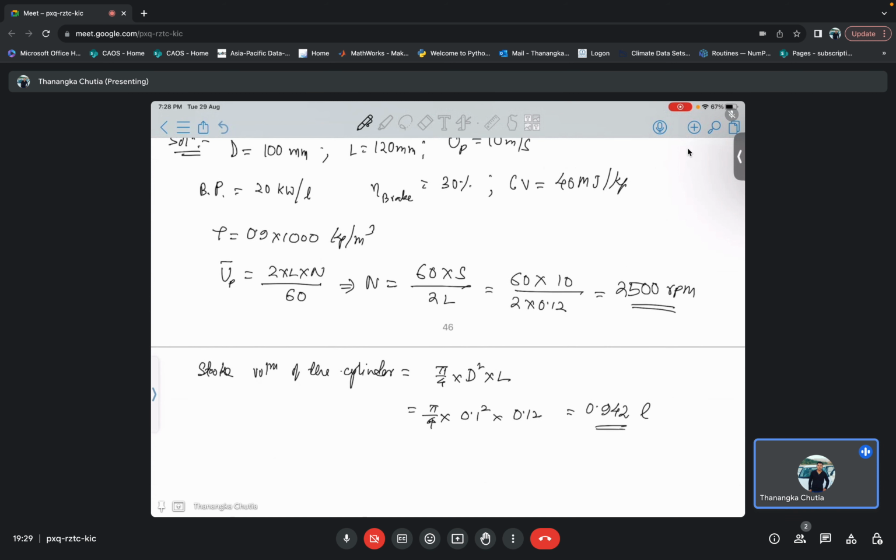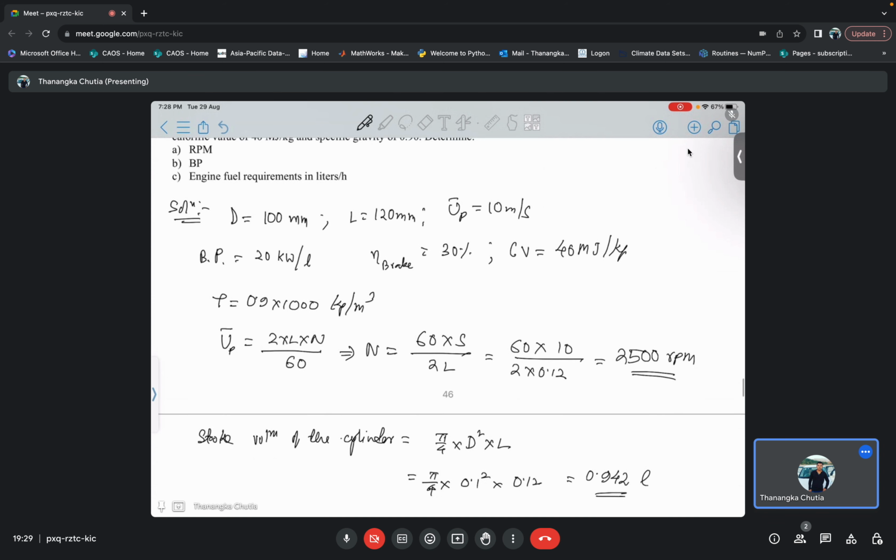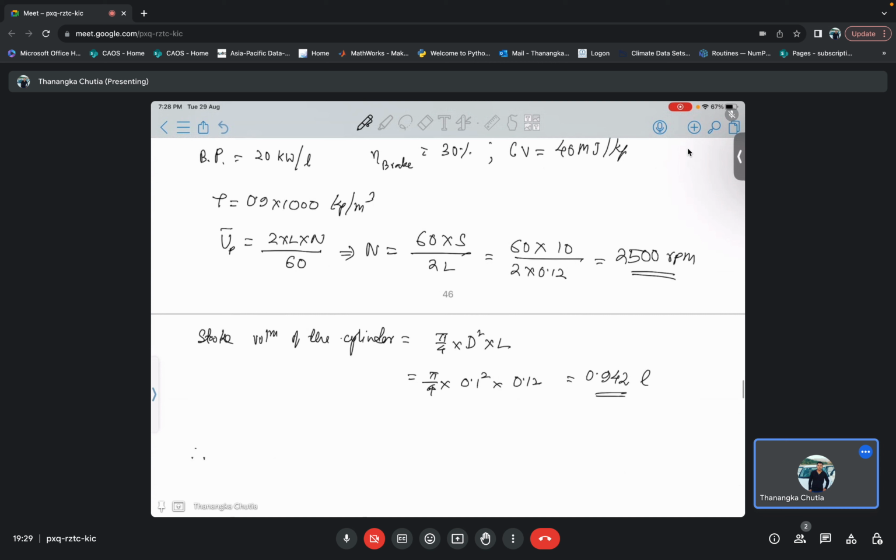now this is the power per liter. Okay, this is brake power per liter, so therefore brake power will be what? 20 into 0.942 kilowatt.